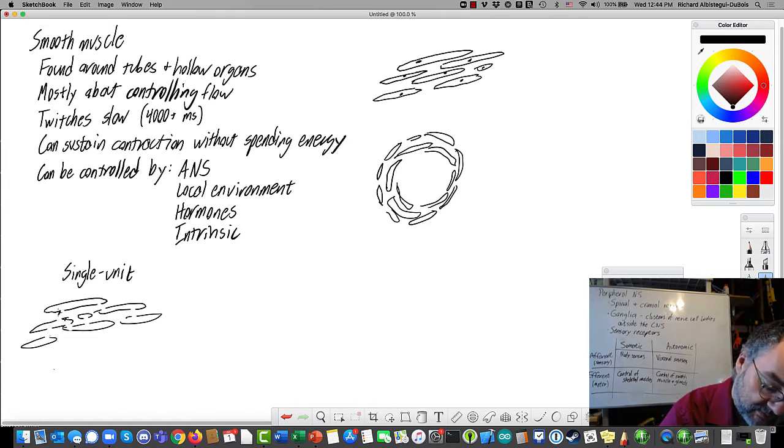So if you remember, gap junctions are those little channels that pair up between cells to form little tunnels from one cell to the next.